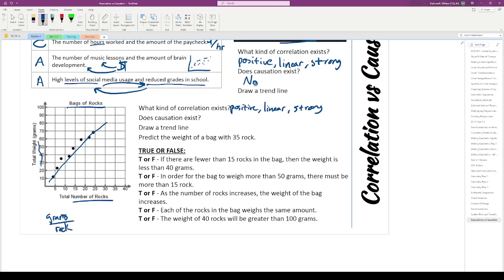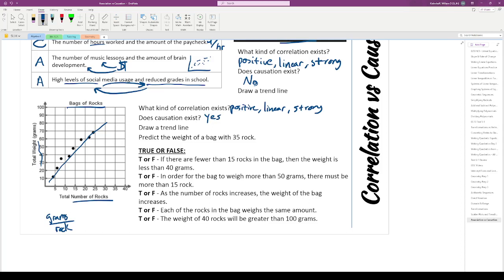And that one is going to be a cause and effect because the rocks directly cause the weight to increase. There's nothing in between. If you have more rocks, you have more weight. There's nothing separate or intervening there. So I'm going to say causation does exist.